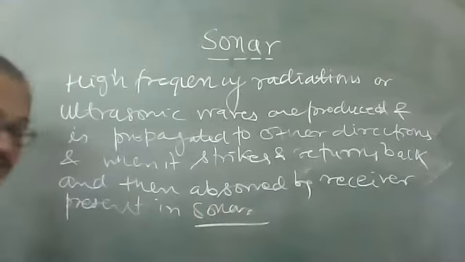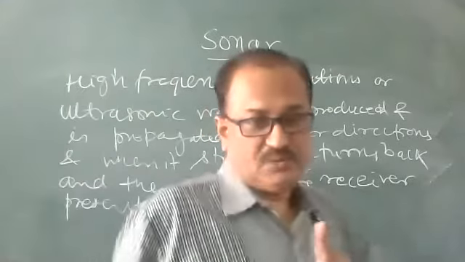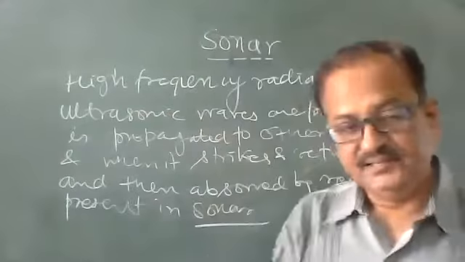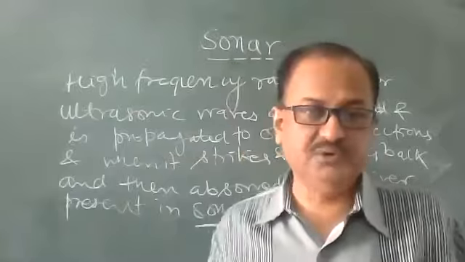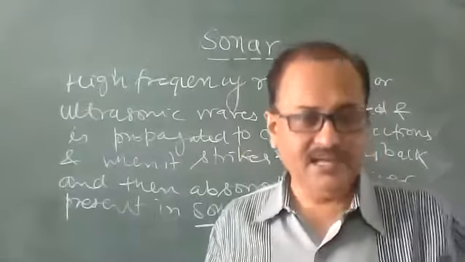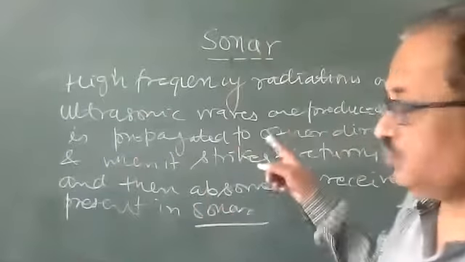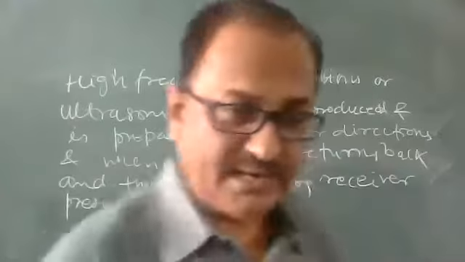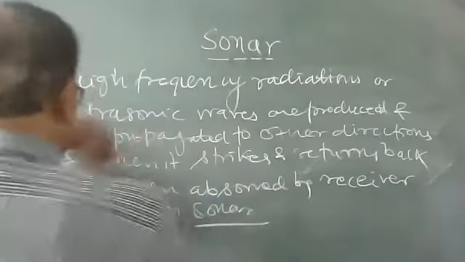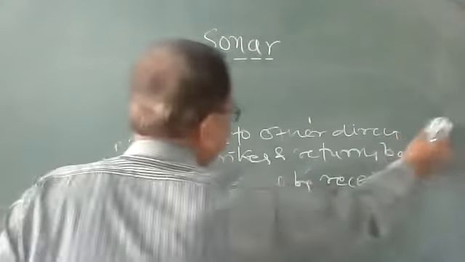So sonar has two components. One is an emitter that emits sound waves of high energy and high frequency. They go and come back, and are received by a receiver.